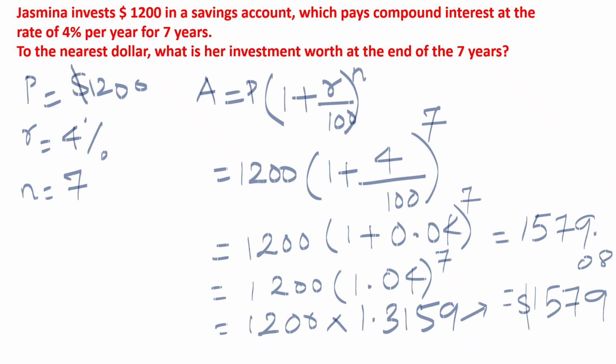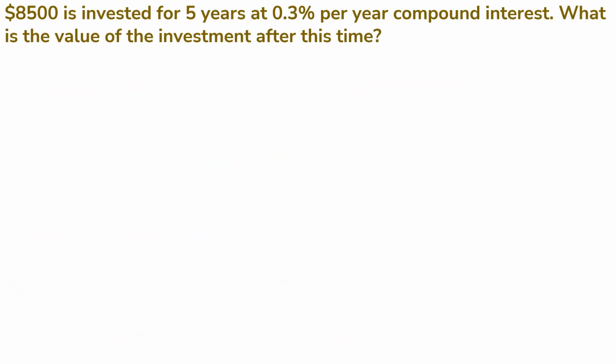Now let's see one more question. The question says $8500 is invested for 5 years at a rate of 0.3% per year, compound interest. What is the value of the investment after this time? My P is given as $8500, so I will write it as it is.